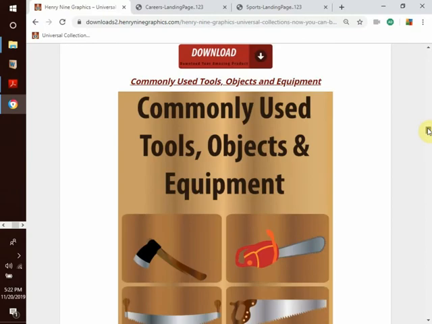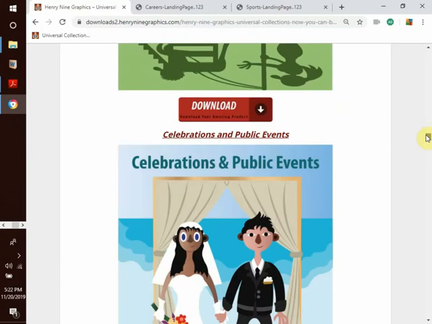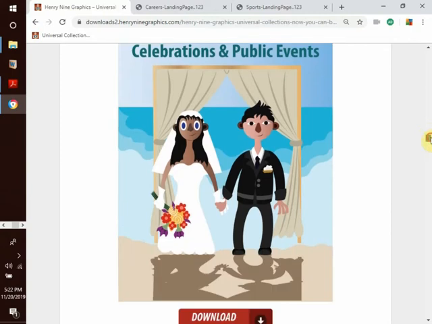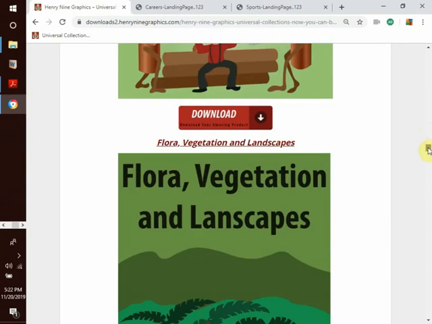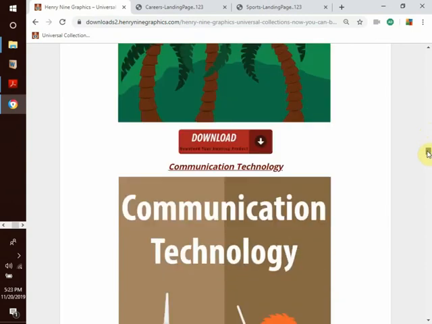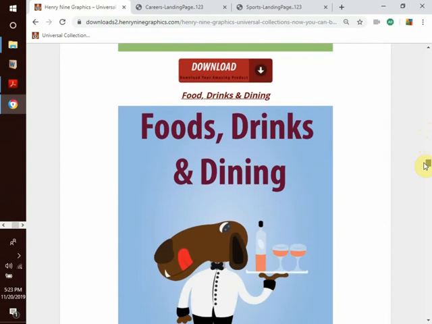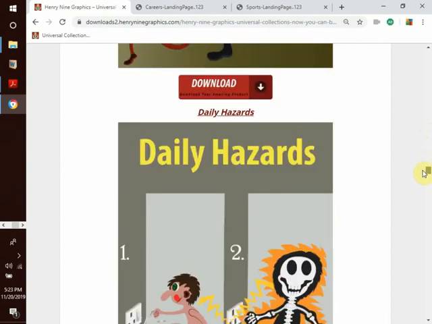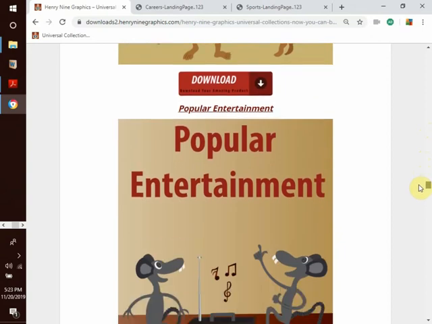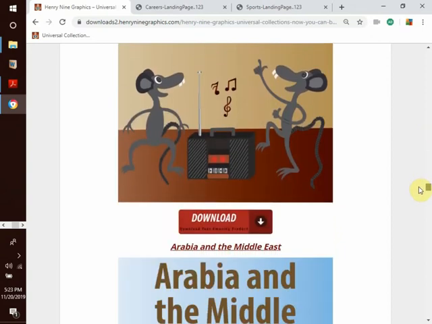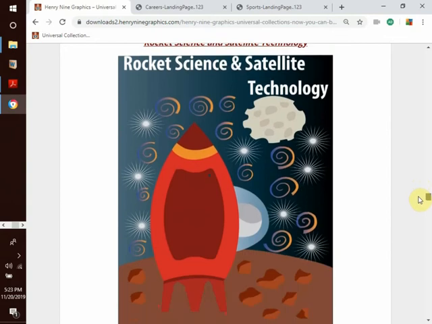We have other topics like bugs, commonly used tools, objects, and equipments, amusement parks and playgrounds, celebration and public events, grooming and personal hygiene, environmental issues, flora, vegetation, landscapes, communication technology, multiculturalism, politics, food and drinks, social issues, daily hazards, housekeeping, history and archaeology, tribal art, popular entertainment, Arabia and Middle East, robotics, science, and science technology.